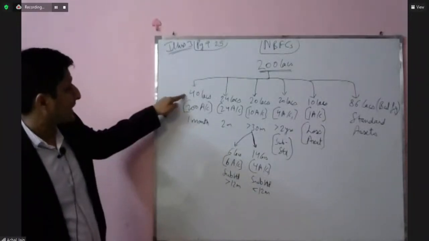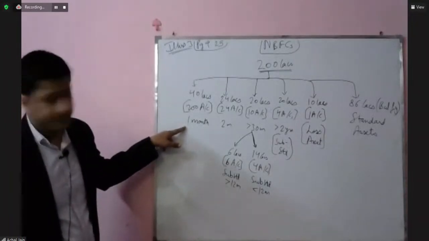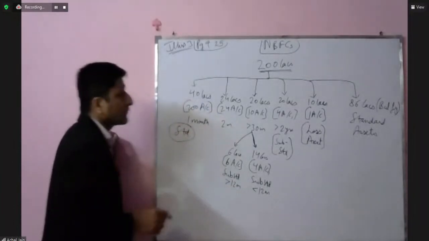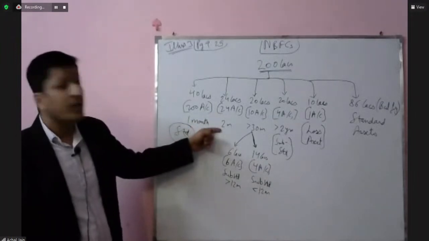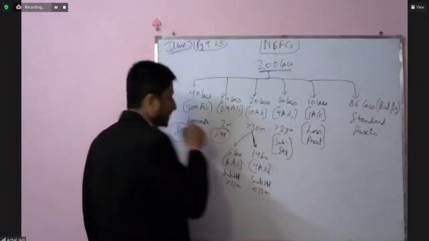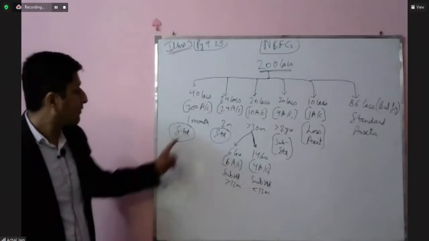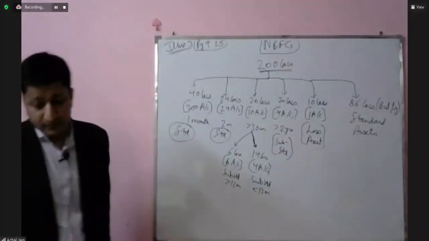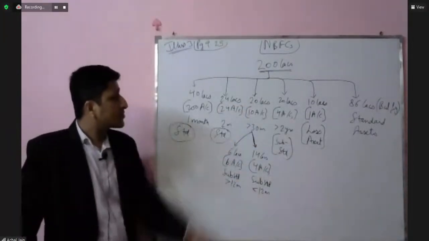Let's talk about this 40 lakhs. This is overdue for 1 month only. So what would it become? Standard asset. These accounts overdue for only 2 months will also be standard. Okay, so what's the total of standard assets? 1, 2, 3. Let's check more. Now, 4 accounts.